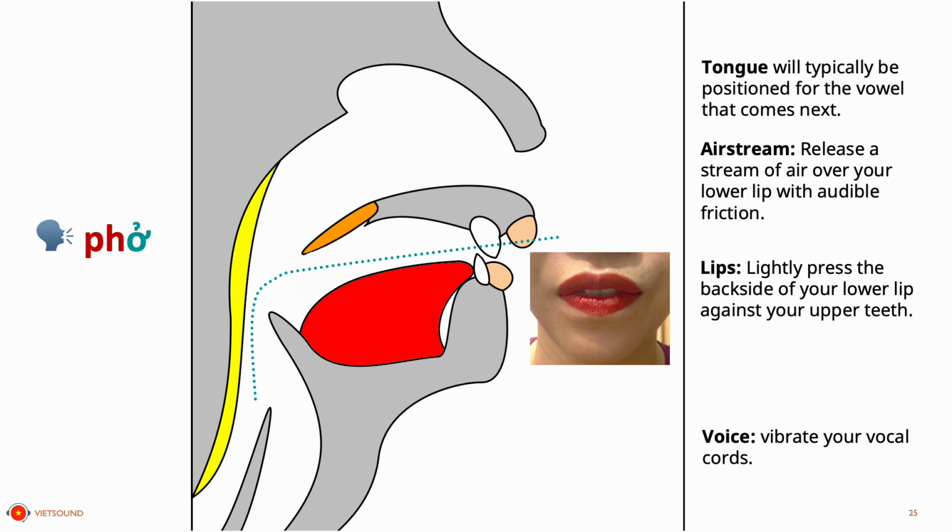The focal point of the f sound is the air stream and the lips. First, release a stream of air over the lower lip with audible friction and lightly press the backside of your lower lip against your upper teeth. The last thing you have to remember about the f sound is that it is a voiceless sound, so you don't have to vibrate your vocal cords.